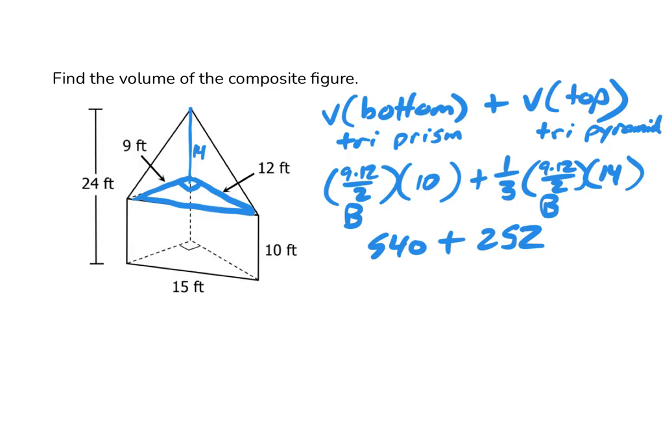Add those two together. 792. Volume would be feet cubed. Okay. Does that look right? Everybody? Questions on that one?